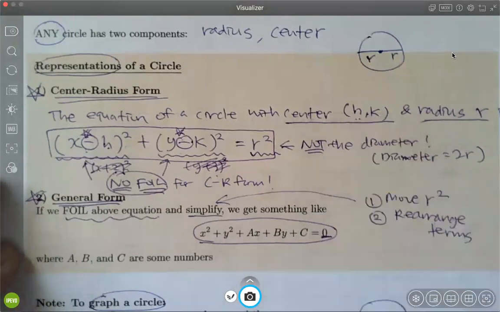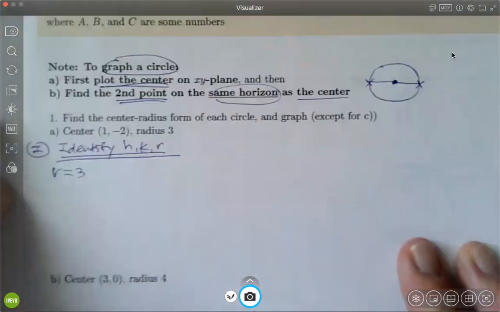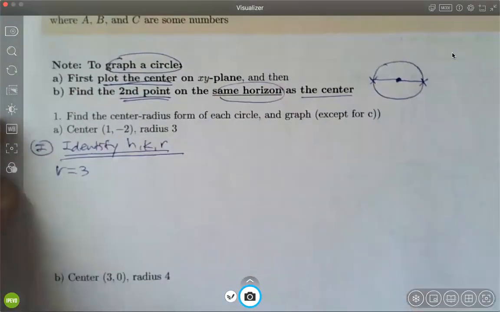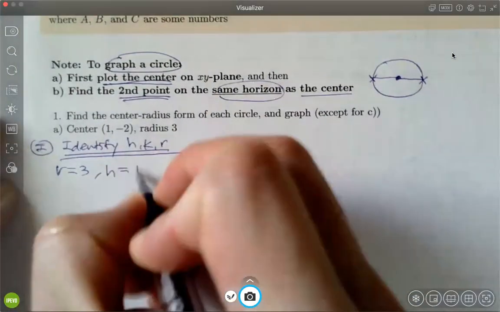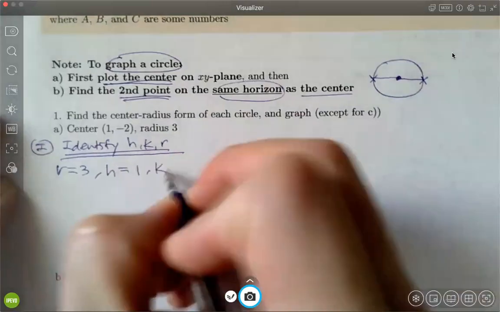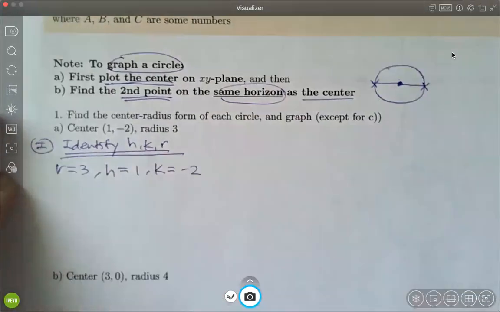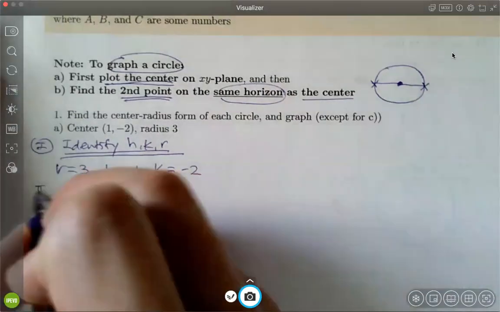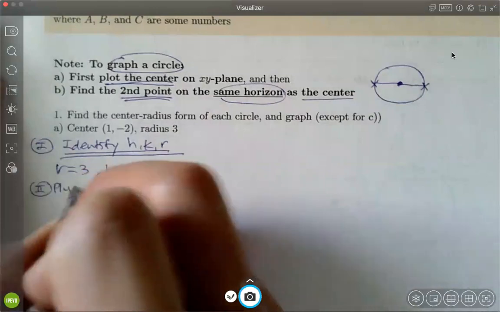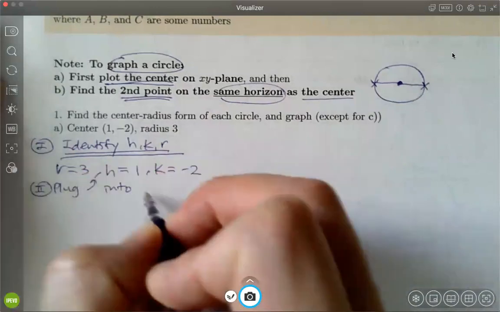Okay, so from here, can you see what H should be? 1, yes. And K is? Negative 2, right? Okay, so now what do you have to do? Plug them in. Plug these into the center radius form.